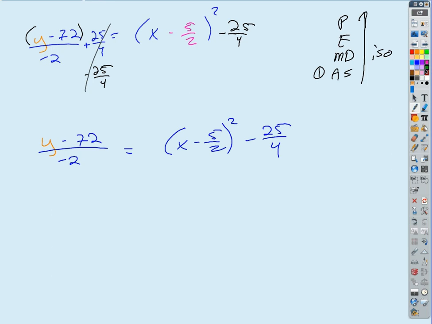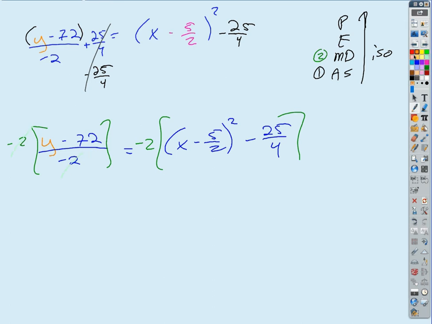So step 2. I've got to put this in brackets, don't I? I've got to multiply each side of the equation, everything. I've got to distribute negative 2 through both sides. Okay, that's going to cancel those guys.